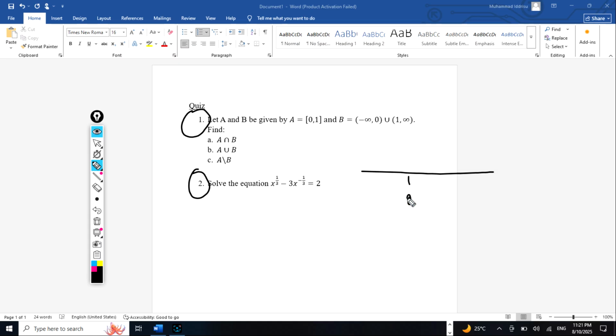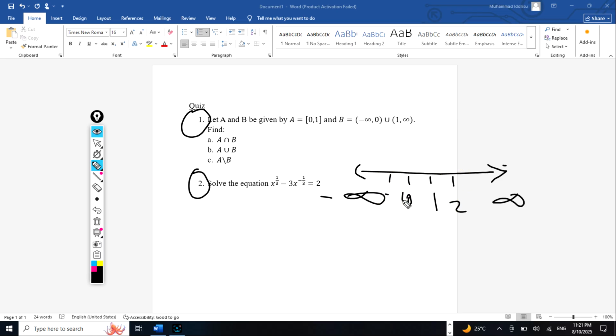So let me say this is my number line: 0, 1, and infinity. I have negative infinity. I just wrote infinity, so negative infinity. So 0, 1, 2, negative 1.